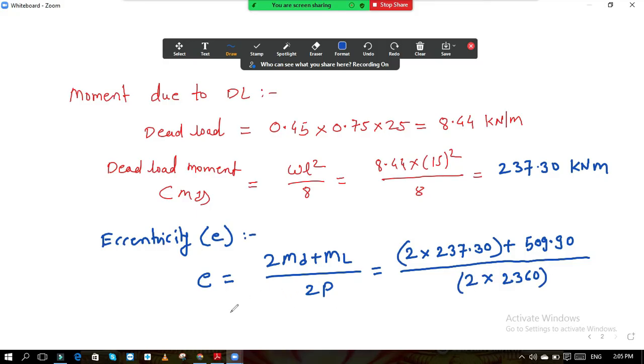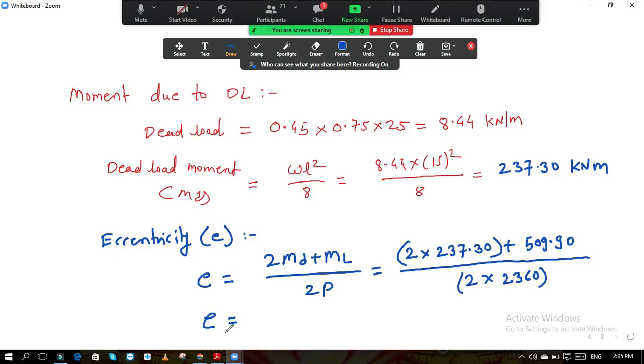Now after solving this you will get the value of eccentricity E. It is 0.208 meter, so it will be 208 mm.